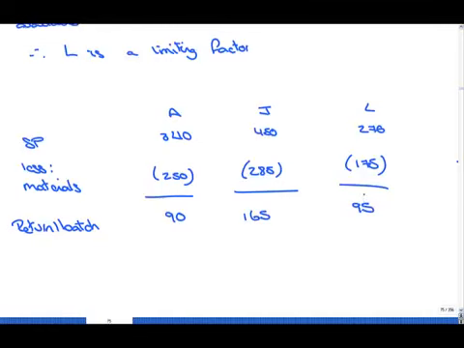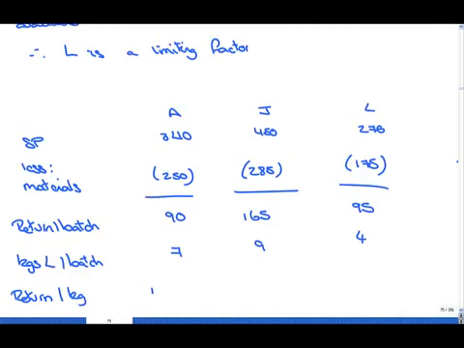So I haven't got my return per batch. I want to get to my return per kilo of material L. So let's bring in kilos of L per batch. So we had 7, 9 and 4. So I'm going to take my 90 divided by 7, etc., for each of those products.